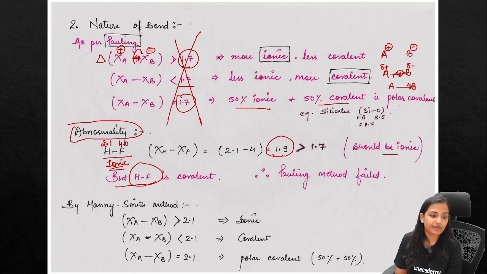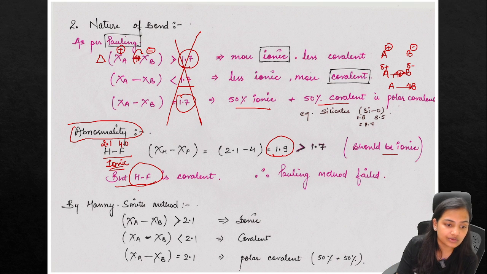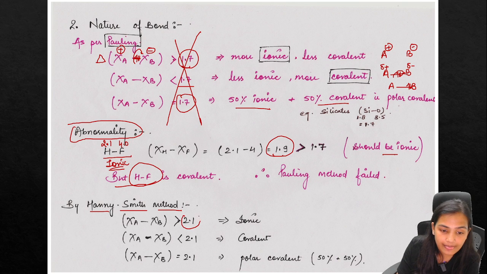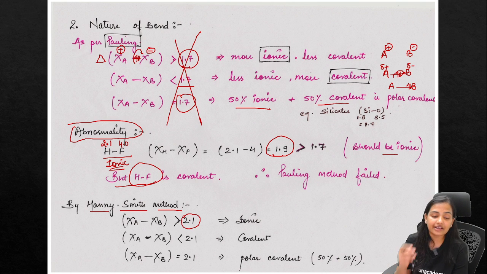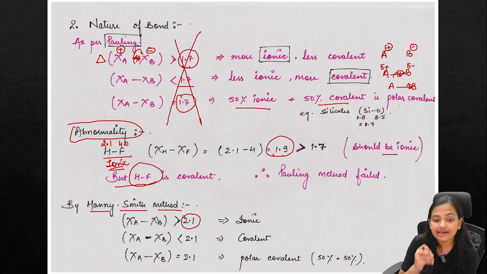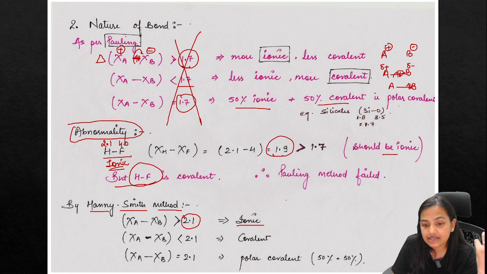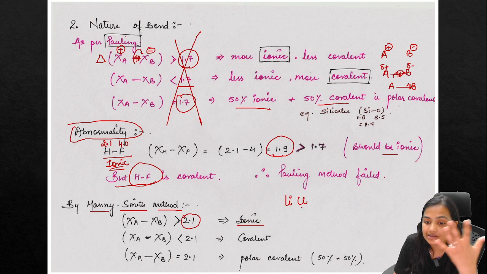Then after that, we have another scientist, the Hannay-Smith method. Hannay-Smith has given us a value which is 2.1. He says that if your difference is greater than 2.1, then only a molecule is said to be ionic. Let me say I take LiCl.